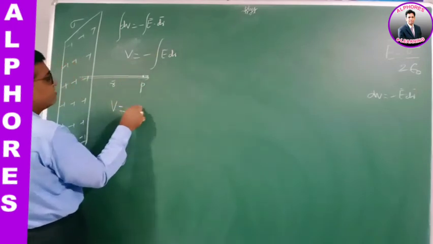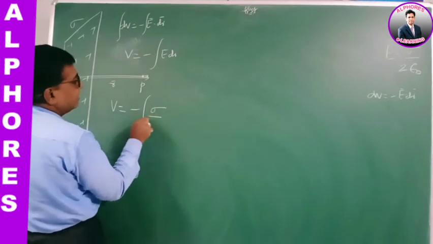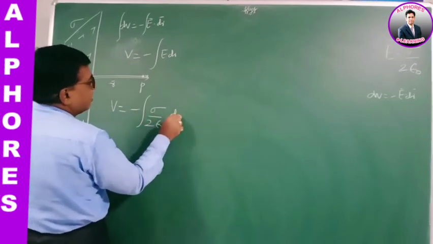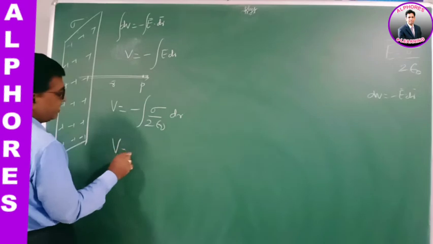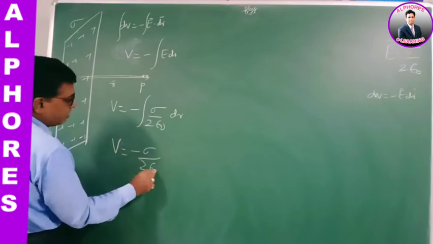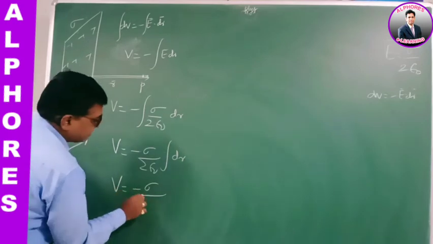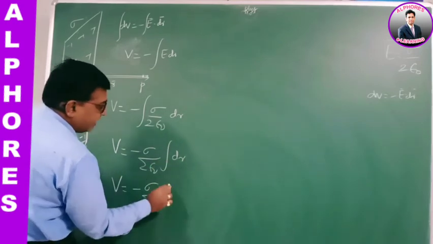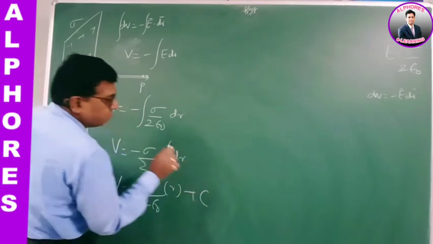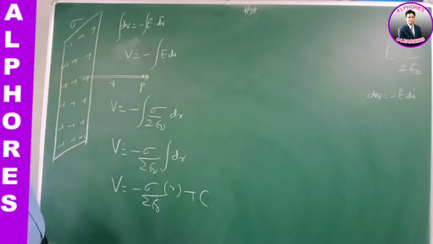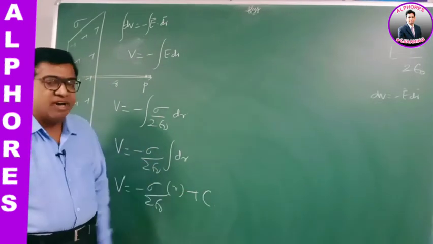So V is minus the integral of sigma by 2 epsilon naught dr, which is minus sigma by 2 epsilon naught into R plus C. In general, it is sigma by 2 epsilon naught into R plus C.